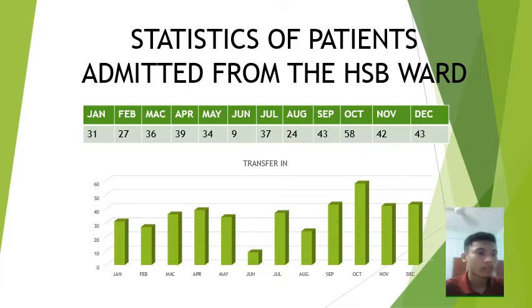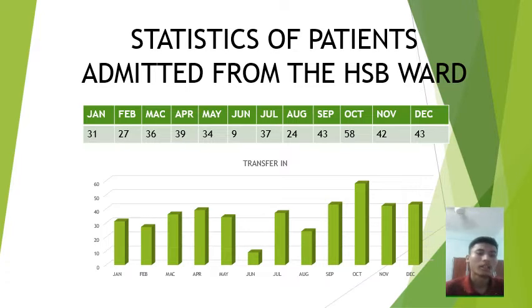in year 2021. Okay, in the following month, it increased again with 37 patients and decreased again in August. Next, the graph consistently increased until October, which is the highest patient admitted in HSB ward with a total of 58 patients.